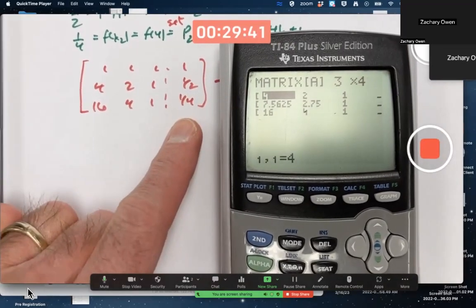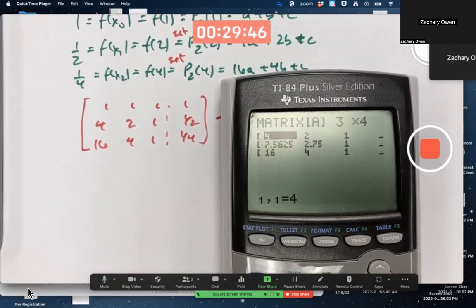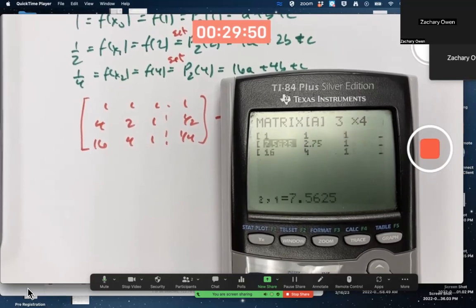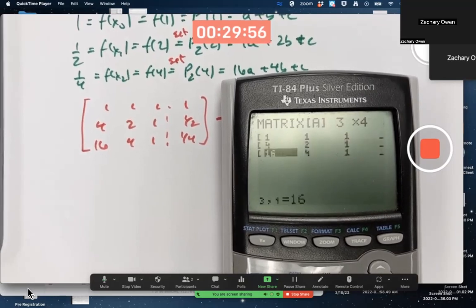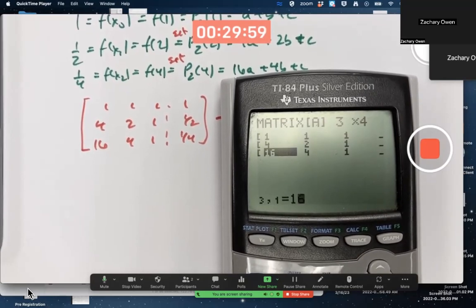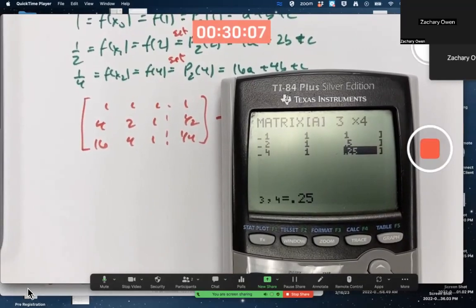The right-hand side numbers are the constants, right? 1, 1/2, and 1/4. So going across the rows, we get 1, 1, 1, 1. 4, 2, 1, 1/2, and 16, 4, 1, 1/4. I guess I did this a little bit ahead of time. I'll change the second node to look like.